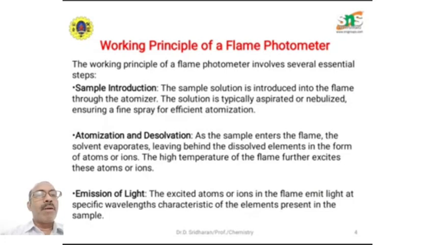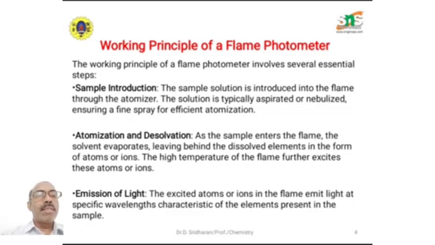Working principle of flame photometer. The working principle of a flame photometer involves several essential steps, similar to AAS, atomic absorption spectroscopy. Sample introduction: the sample solution is introduced into the flame through the atomizer. The solution is typically aspirated or nebulized, ensuring a fine spray for efficient atomization.